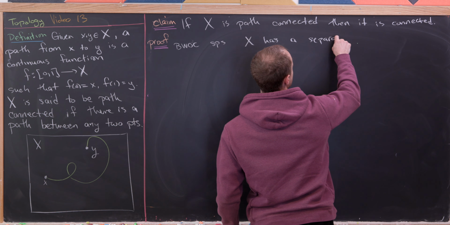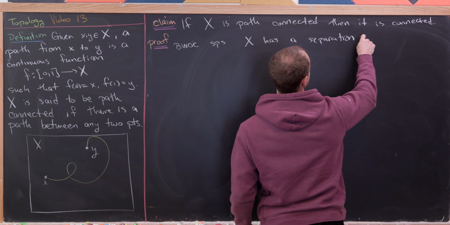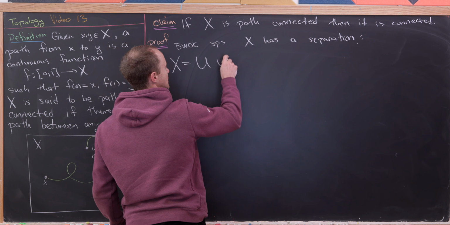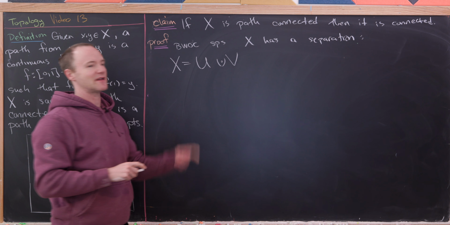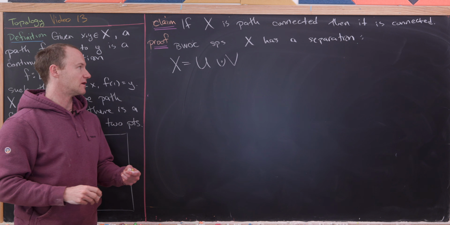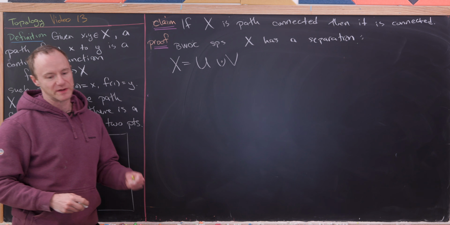If it's not connected, then it has a separation. And let's say that separation is via U union V. I've put that dot there to mean disjoint union. And U and V are going to be non-empty open sets.